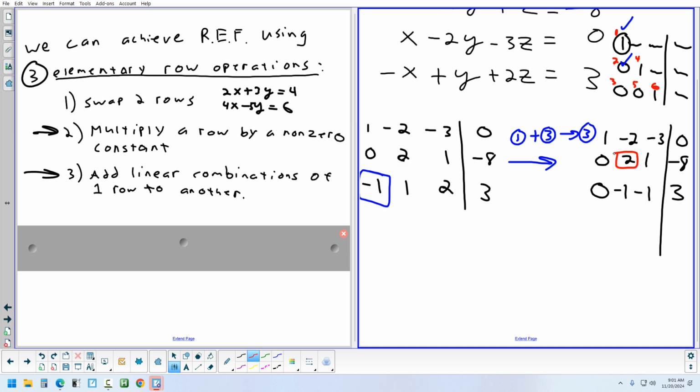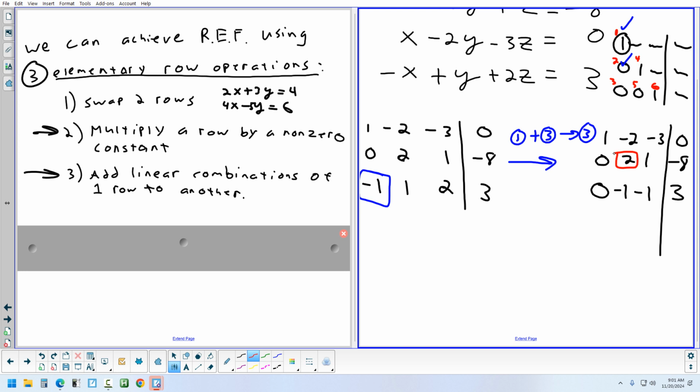Swap 2 and 3. No, I wouldn't give you a 1 there. If that was a 1, I would say yes. Well, couldn't you do it and then multiply by -1? You could, so you could turn this into two steps. You could swap them and then multiply by -1.